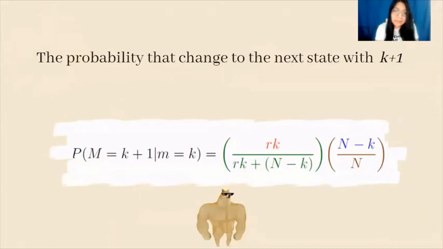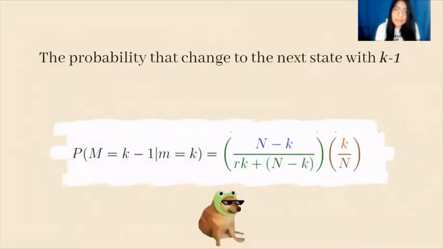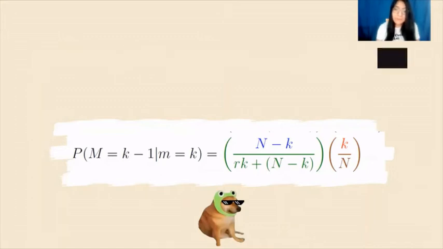Following the previous steps but taking into account this reproduction rate, the probability that it will change to the next state with one more mutant is the probability that a mutant will reproduce, times the probability that a resident will die. The probability that it will change to the next state with one less mutant is the probability that a resident will reproduce, times the probability that a mutant will die.